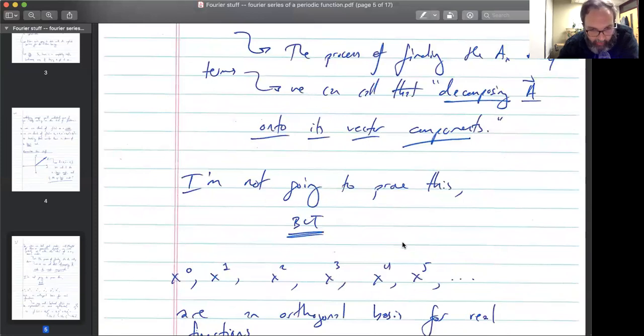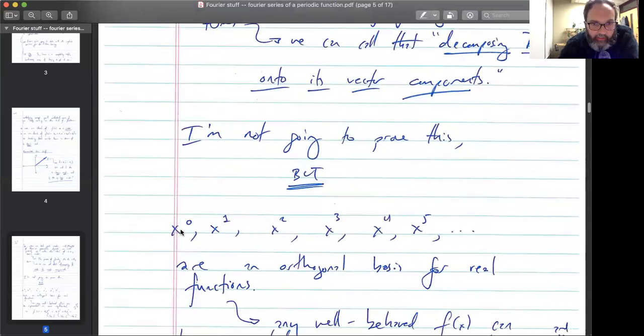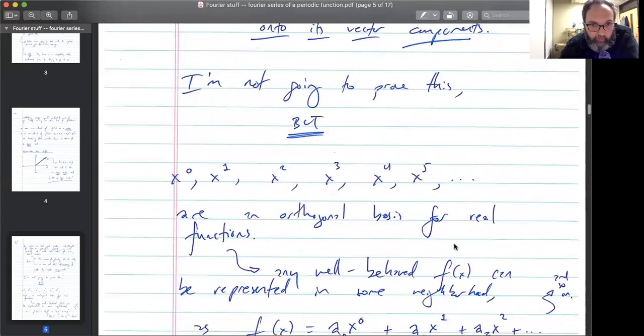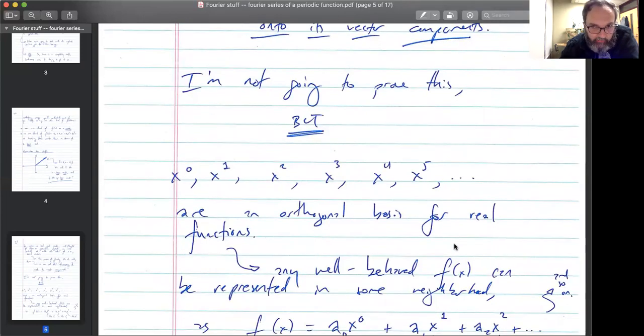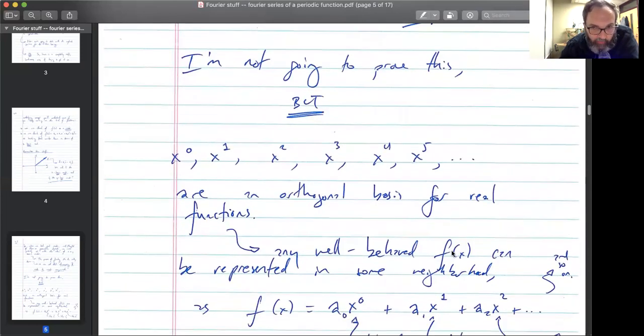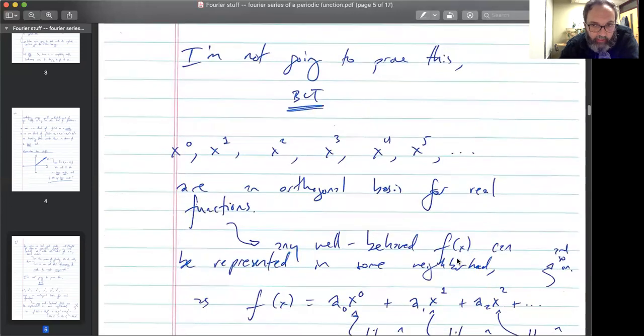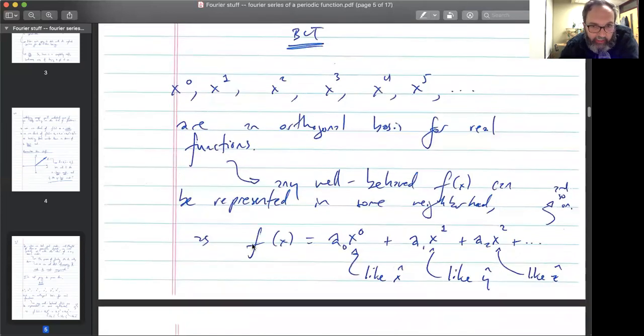All right, this will not be proven here, but x to the 0th power, x to the first power, to the second power, third, fourth, and fifth power, and so on, form an orthogonal basis for real functions. So any well-behaved f of x can be represented in some neighborhood around some particular point as f of x equals a naught x to the 0th power plus a1 x to the first power plus a2 x to the second power plus all this higher order stuff, right?